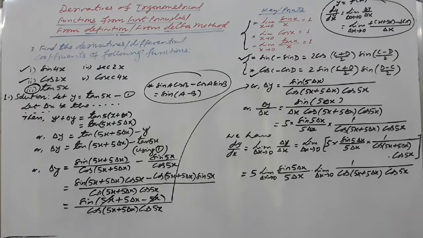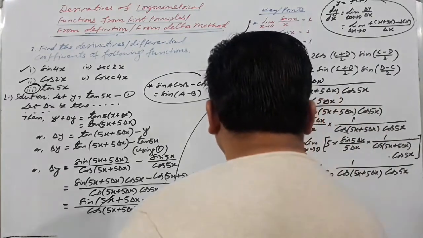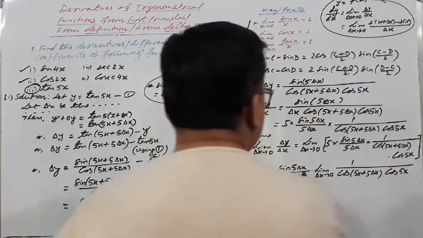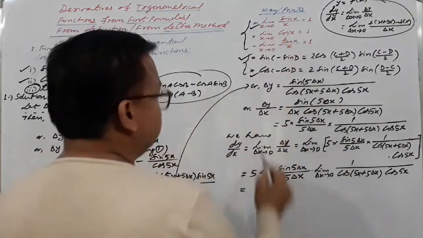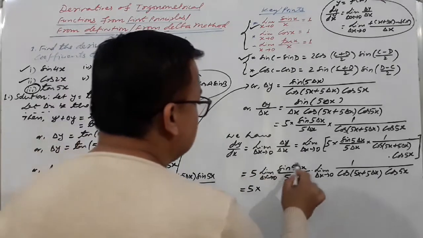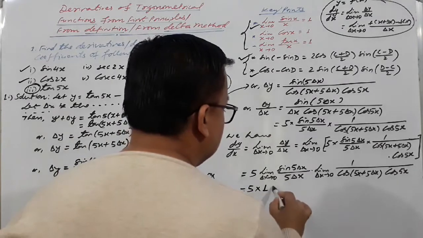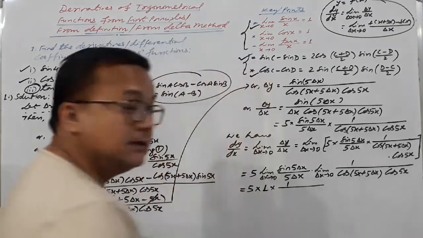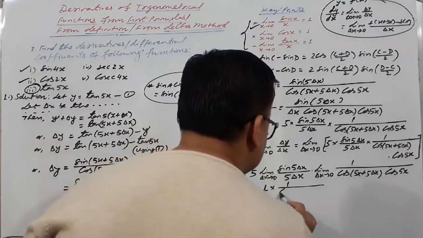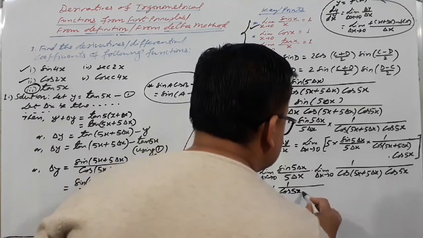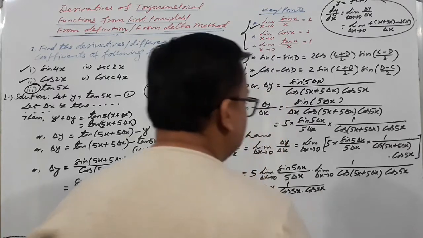So I think you have no problem line wise. I'm telling line wise in detail. Now here we can use this theorem. Using this theorem, you are going to get 1 and times limit of this one, delta x tends to 0, so 5 delta x also tends to 0, and you get only just cos 5x times cos 5x, right?